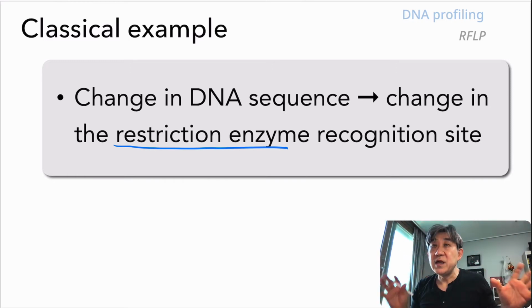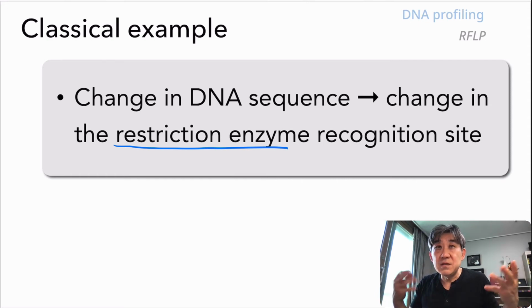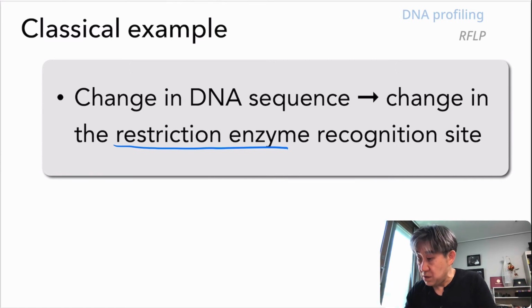So the DNA fragments cut by the restriction enzyme would be different in length, is the point. And that's what I meant by RFLP, restriction fragment length polymorphism, arose here.